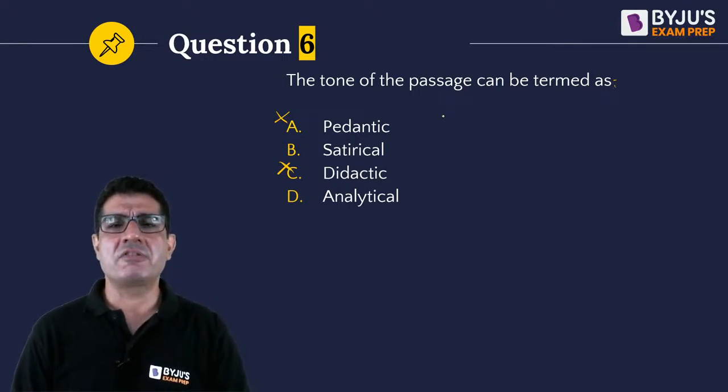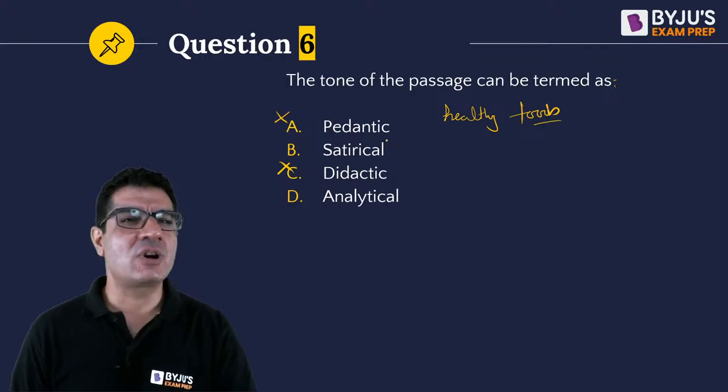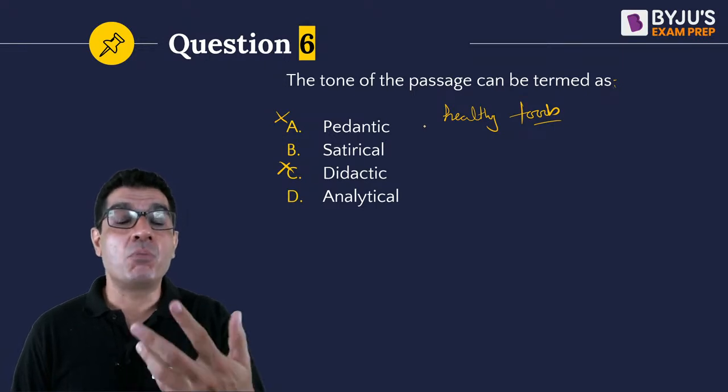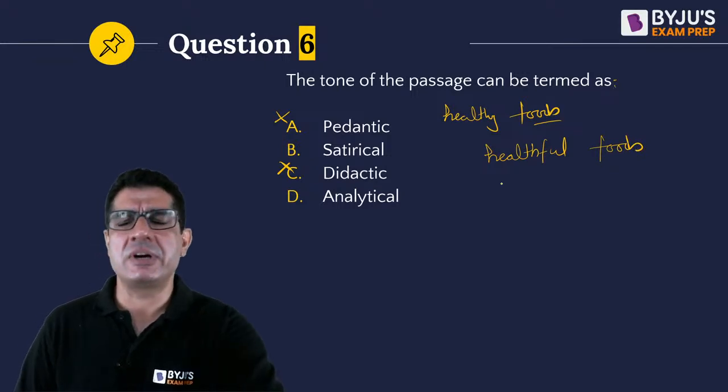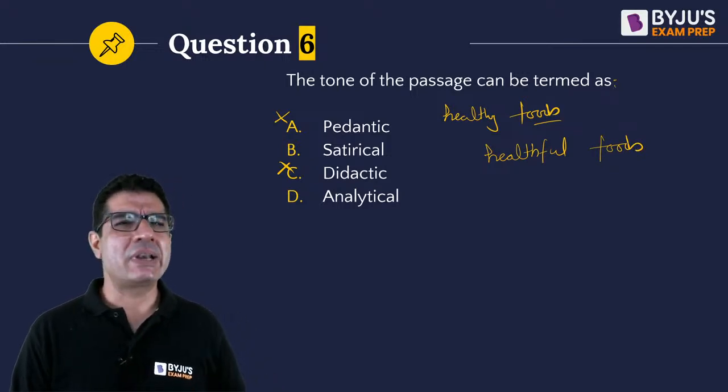Pedantic will be something like, let us say, you see people who label foods as healthy foods. Now, I know that there is nothing called a healthy food. That's incorrect. Foods that promote health are known as healthful foods. Now, if I start correcting everybody on this, then that'll be pedantic.